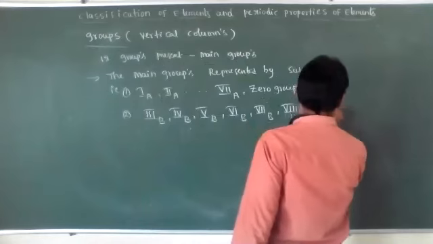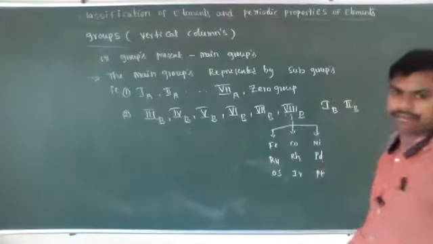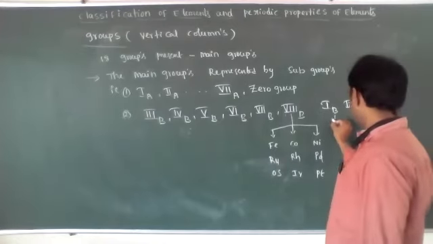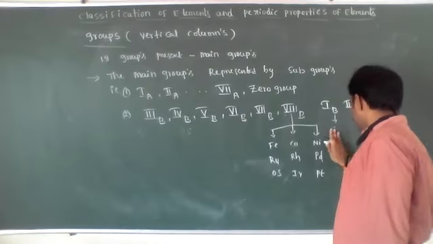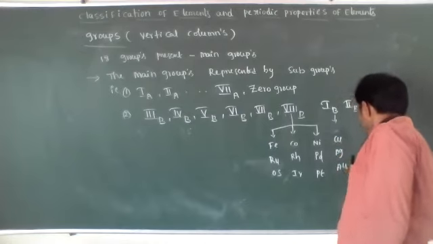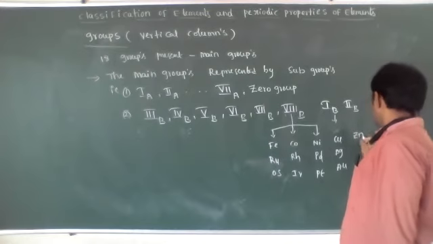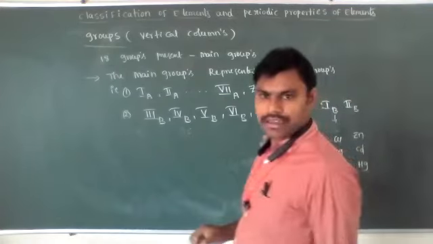Next, 1B, next 2B. 1B is copper, silver, gold. 2B is zinc, cadmium, mercury.